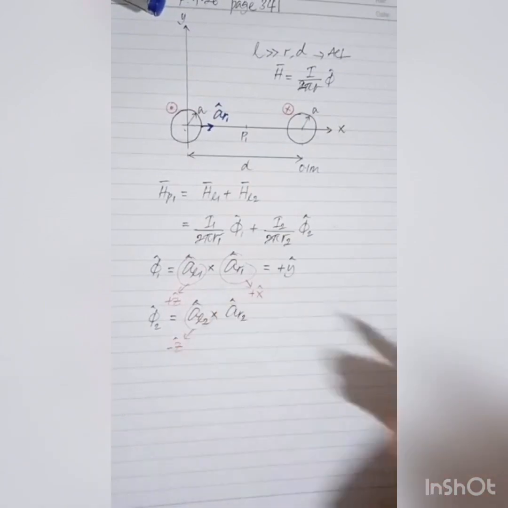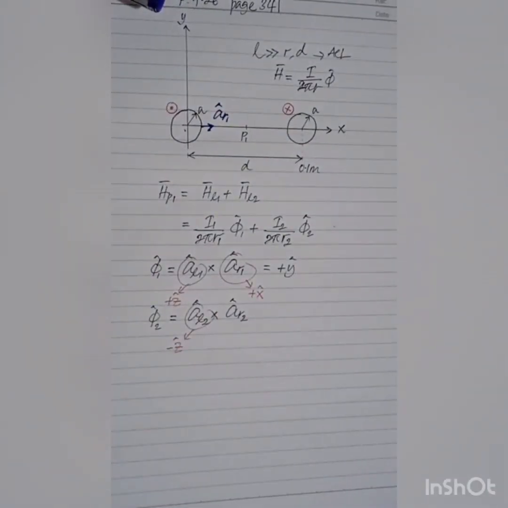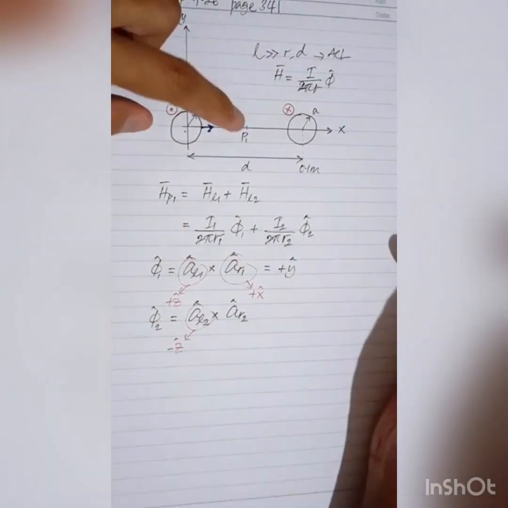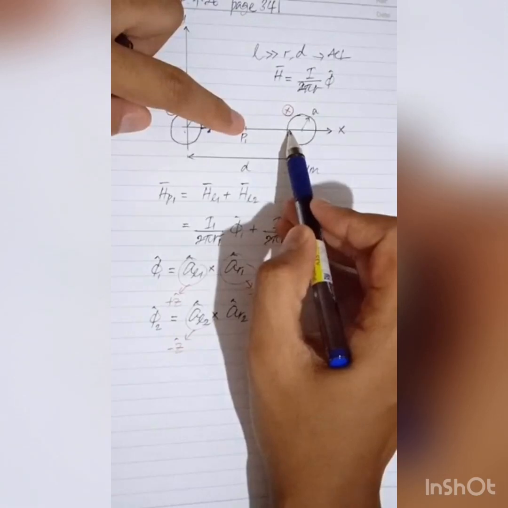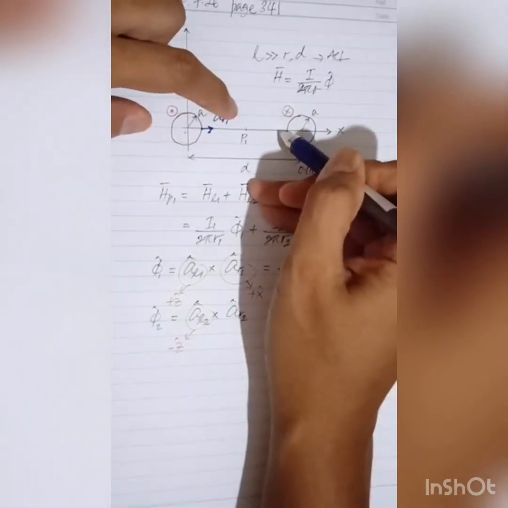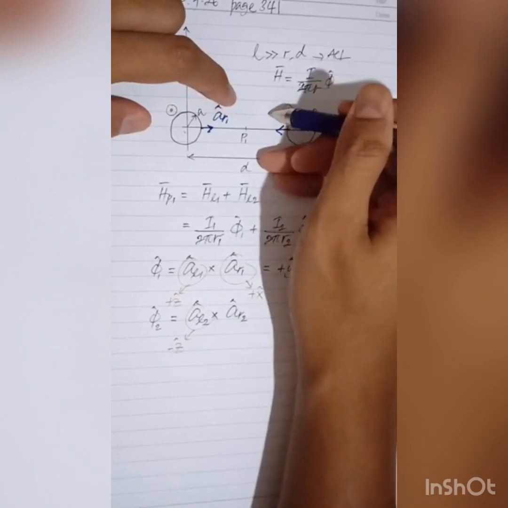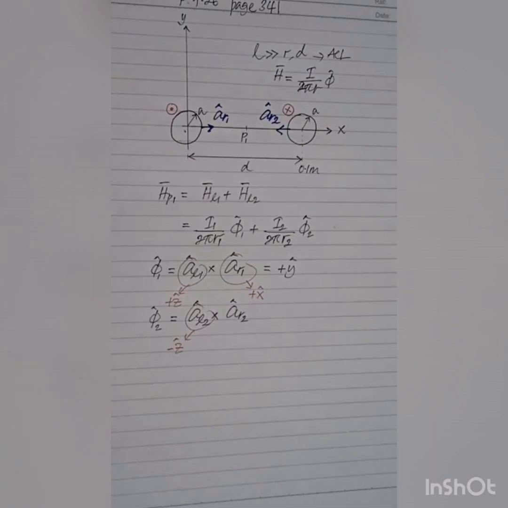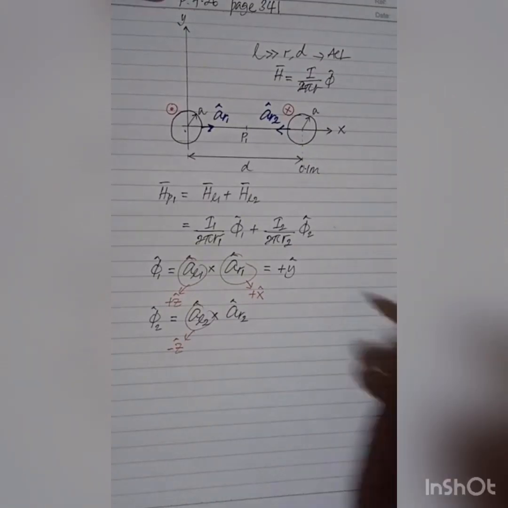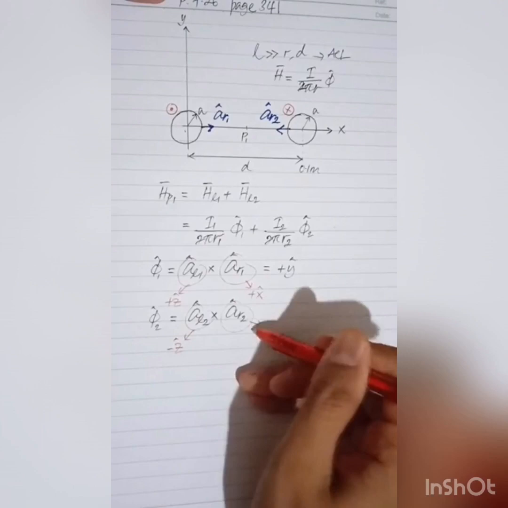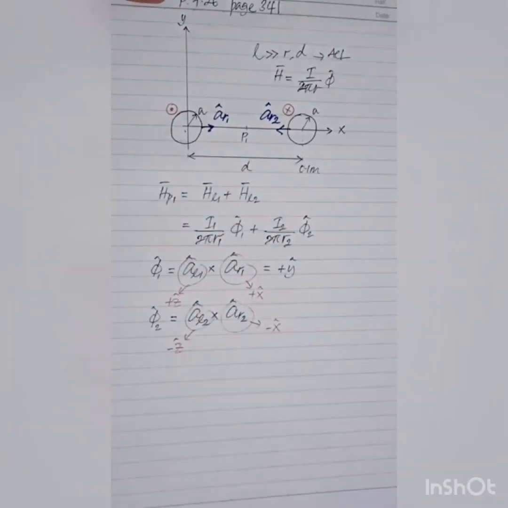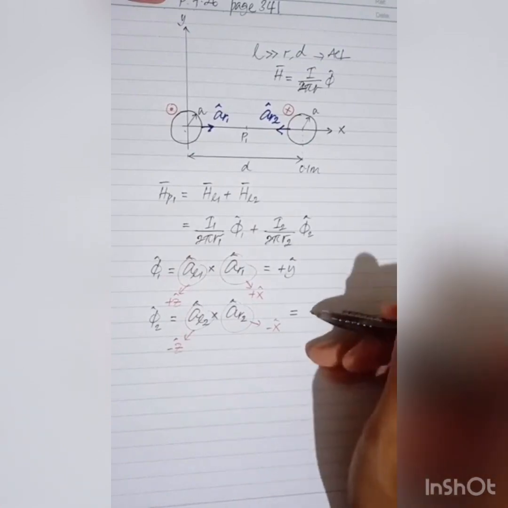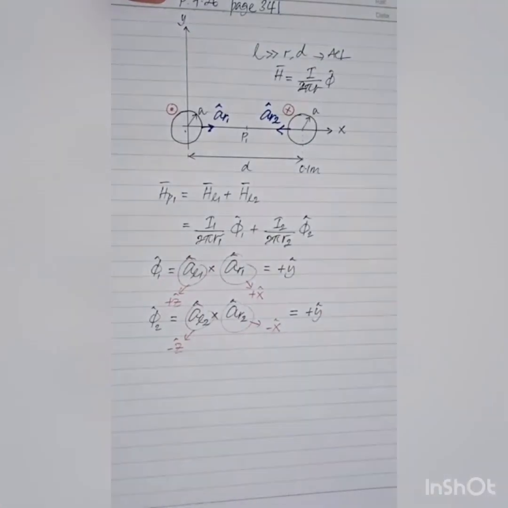And how about R2? R2 is the unit vector pointing perpendicularly from the line current to the point of interest, which is in the negative x direction. Performing the cross product between these two unit vectors, we get positive y.